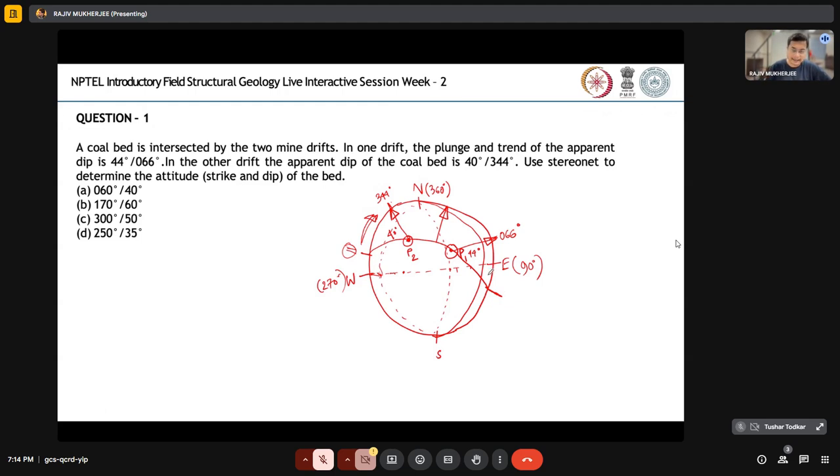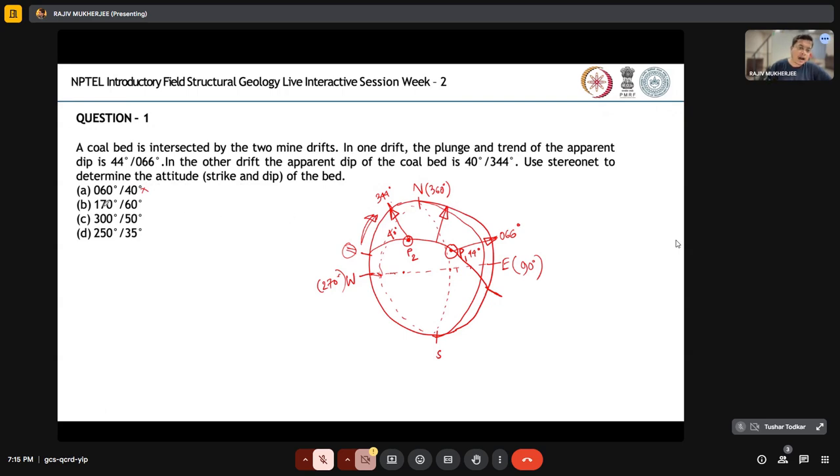But that is not the case, because the plane is obviously dipping towards northeast. So let us follow those options. The first option is easily denied because the strike end is definitely not 060.